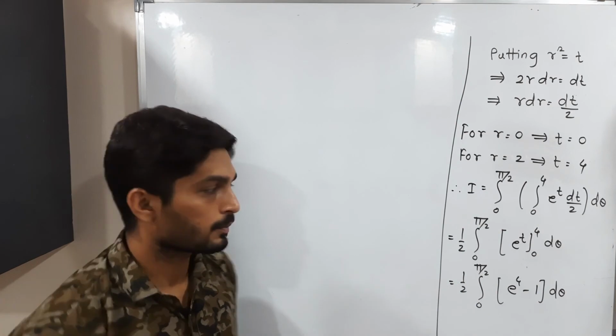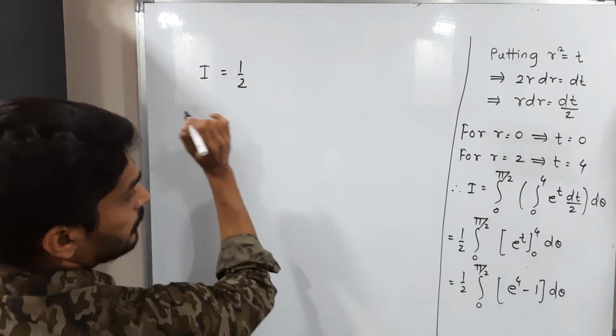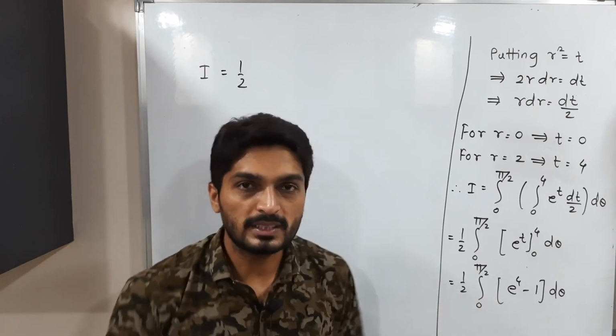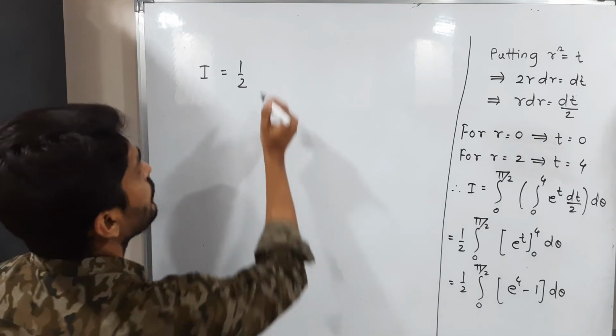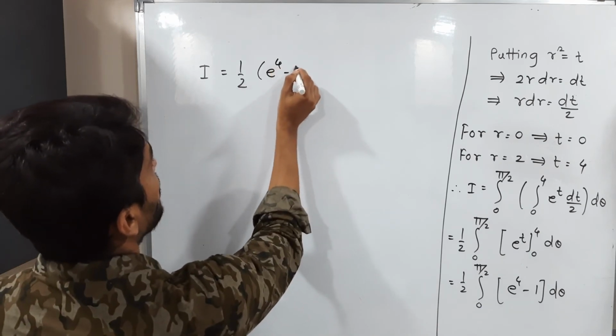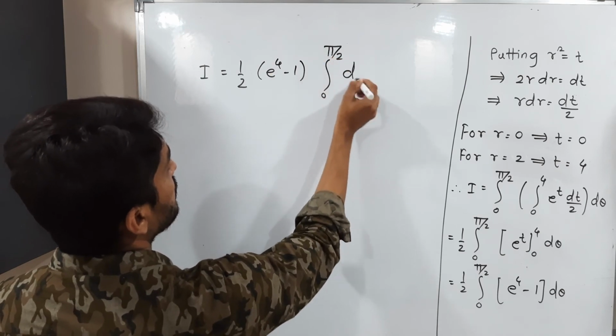So let us finish this problem. I is equal to 1 by 2 e raised to 4 minus 1, it's a constant, independent of theta, so it will come outside. So we'll have e raised to 4 minus 1, 0 to pi by 2, d theta, correct?